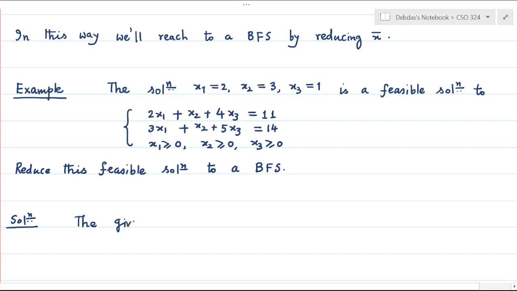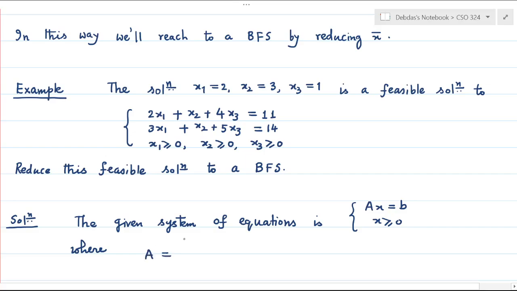The given system of equations is Ax equals to b together with x greater than or equal to 0, where the matrix A consists of first column, second column, third column, where A1 is 2, 3.